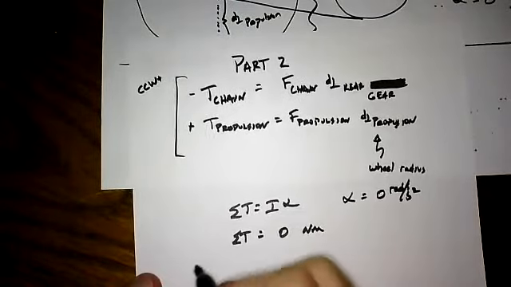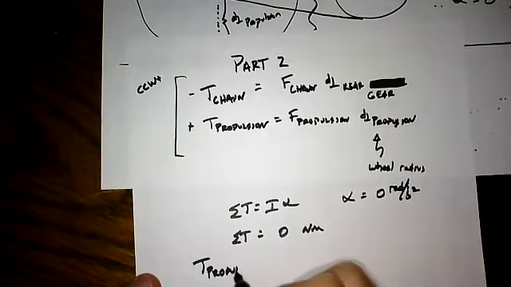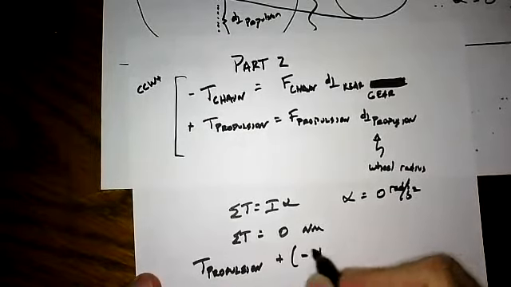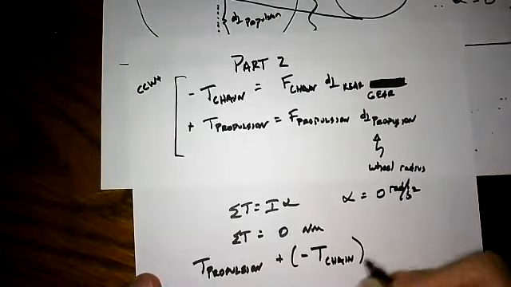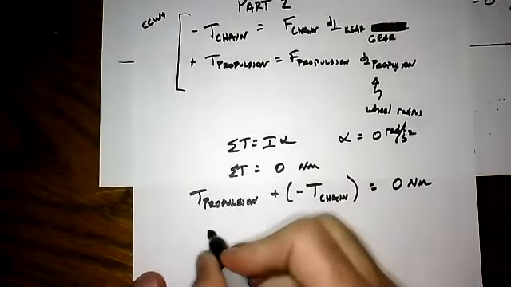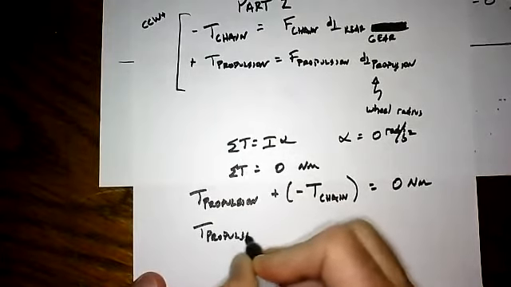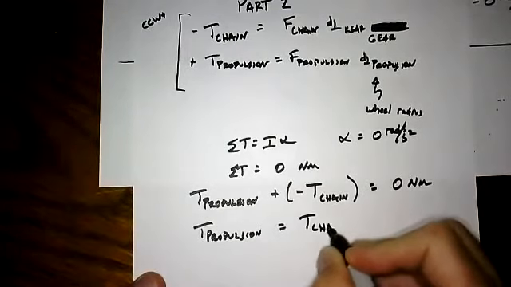What torques do we have acting on the system? We have torque due to propulsion plus torque due to the chain from part 2. That equals 0 Newton meters. We should rewrite this. Torque due to propulsion equals torque due to the chain.